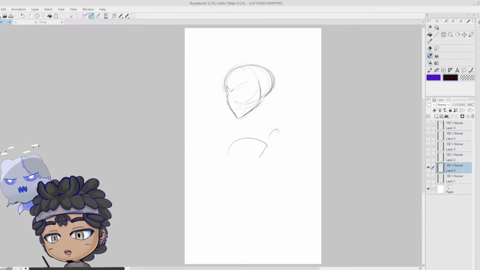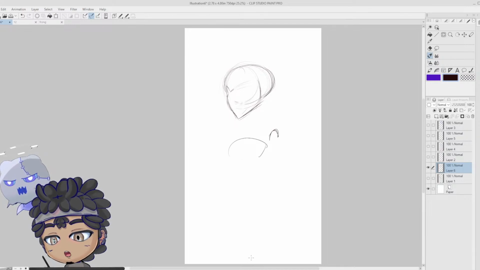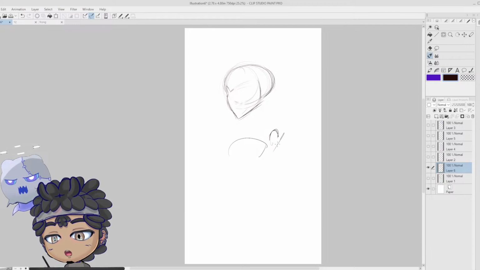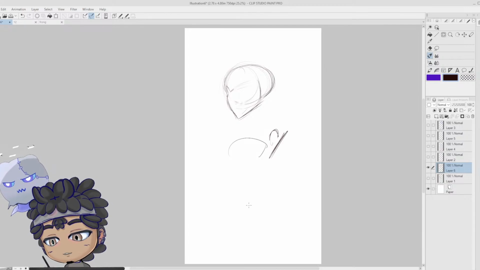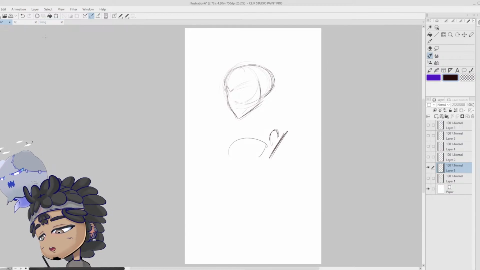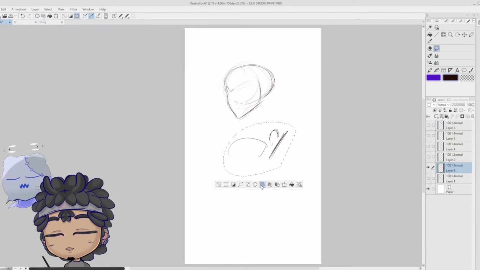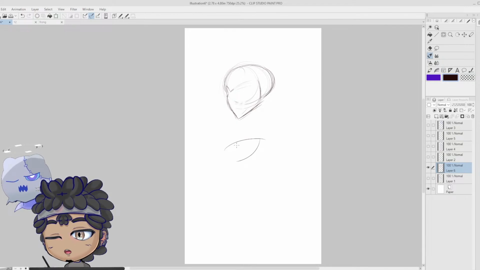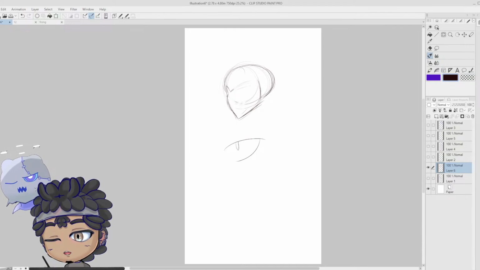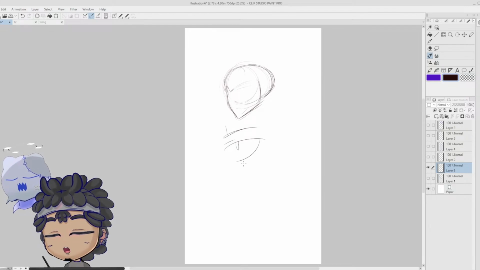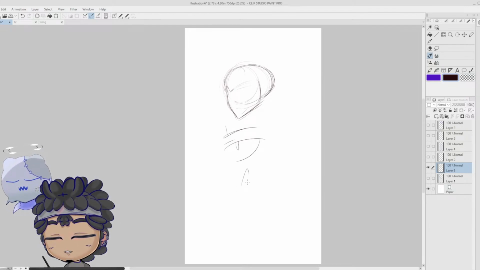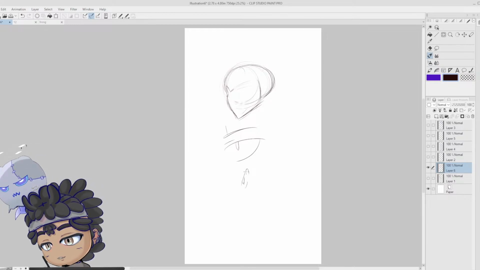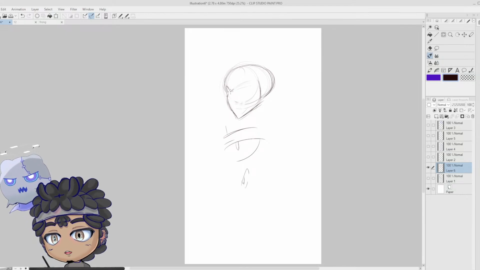That slant indicates there's some form of turning. If you draw a regular anime eye per se, it's going to look like it's looking directly at you, right? But if you draw it at an angle, it's going to look a lot more believable.